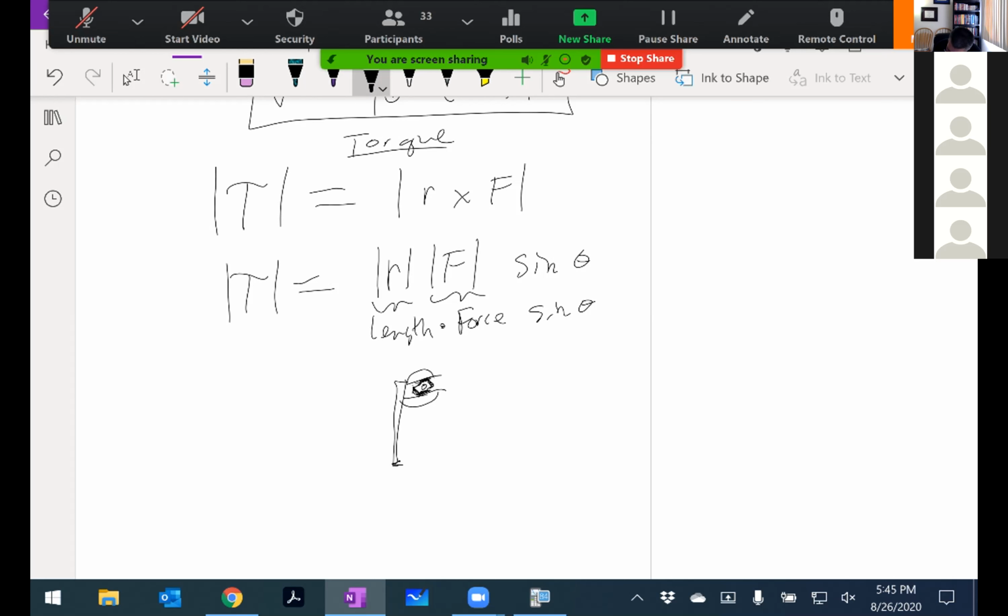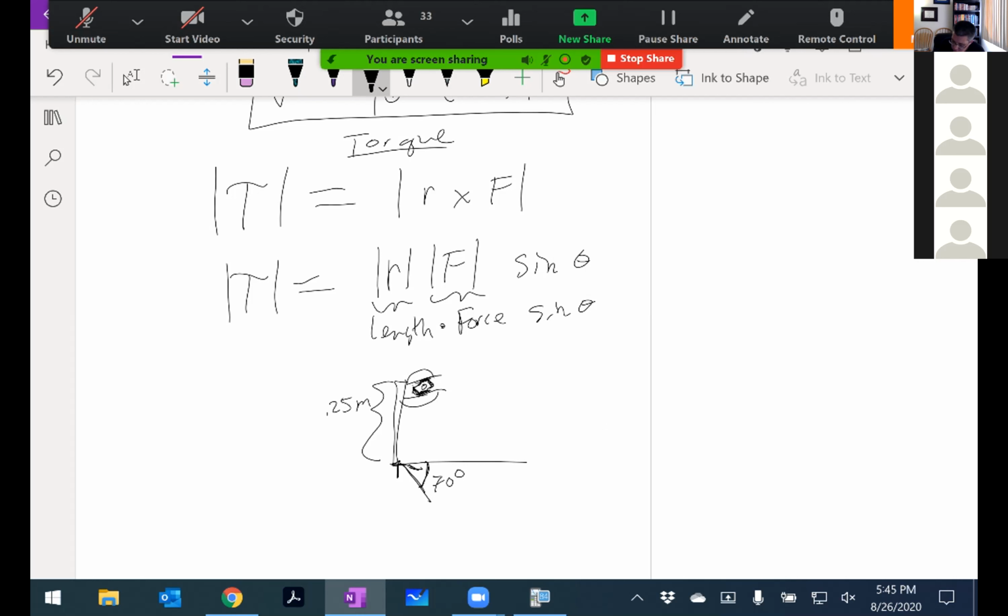The length here is 0.25 meters. And I'm going to apply the force at a 70-degree angle.